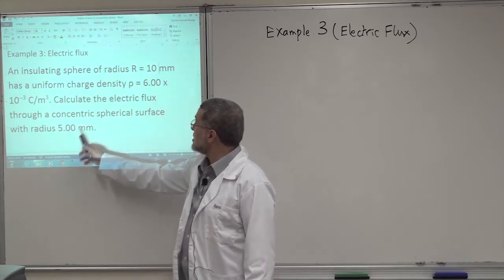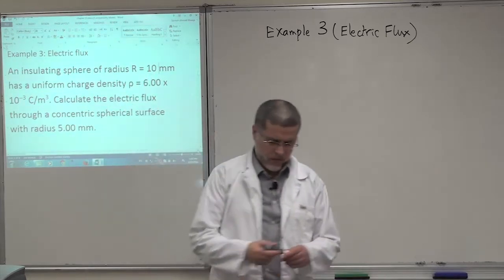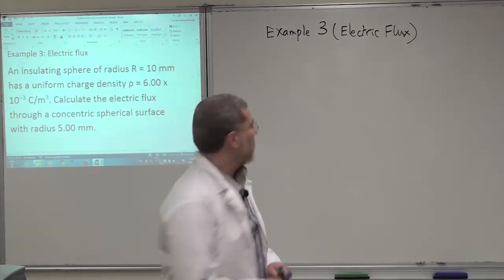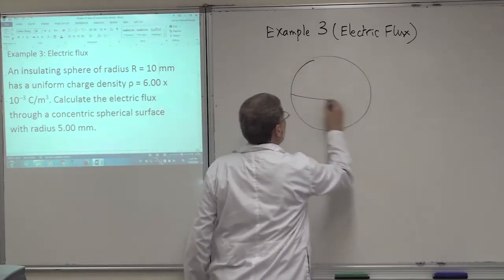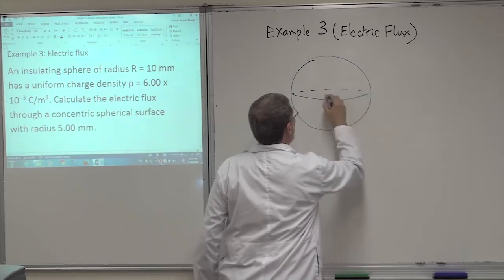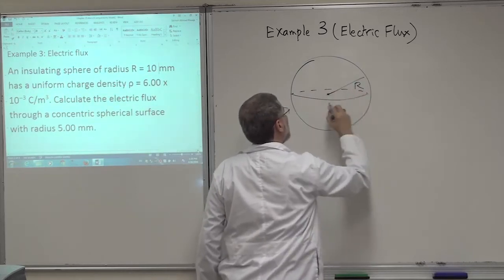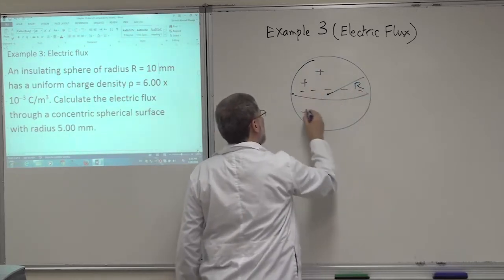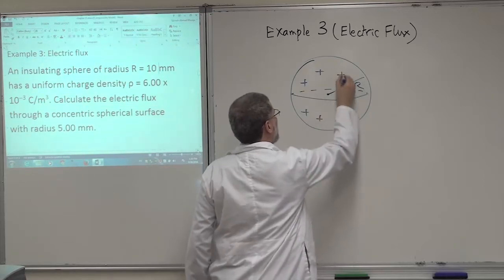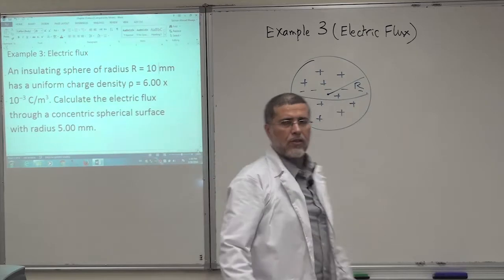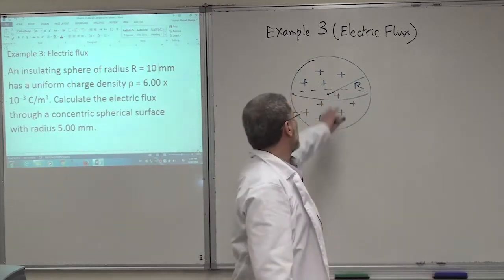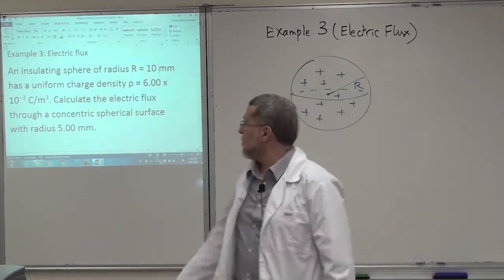You notice that this radius is less than the radius of the sphere. But let's draw this sphere first of all. That's the sphere, of radius r, and the charge is embedded everywhere because it's non-conducting. The difference between conducting and non-conducting is that for the non-conducting, the charge is distributed uniformly everywhere.